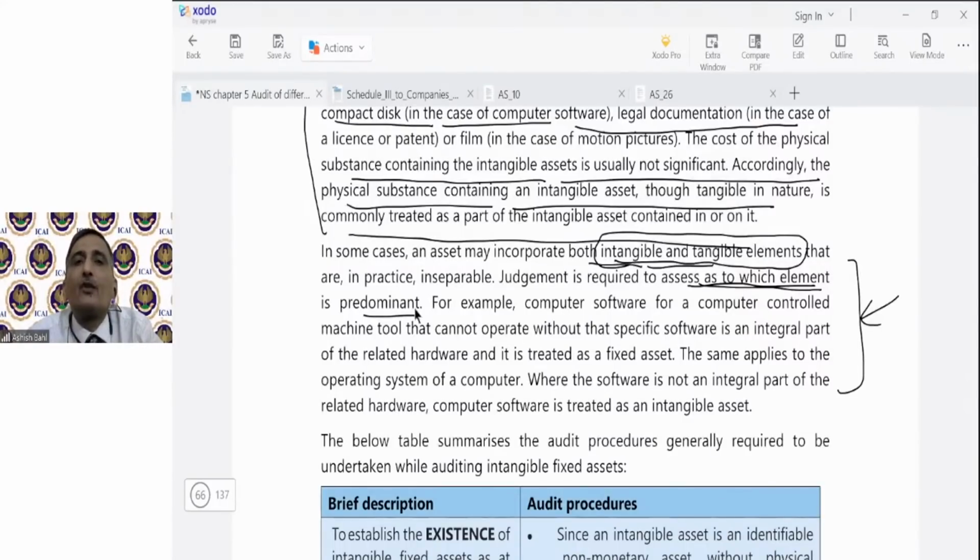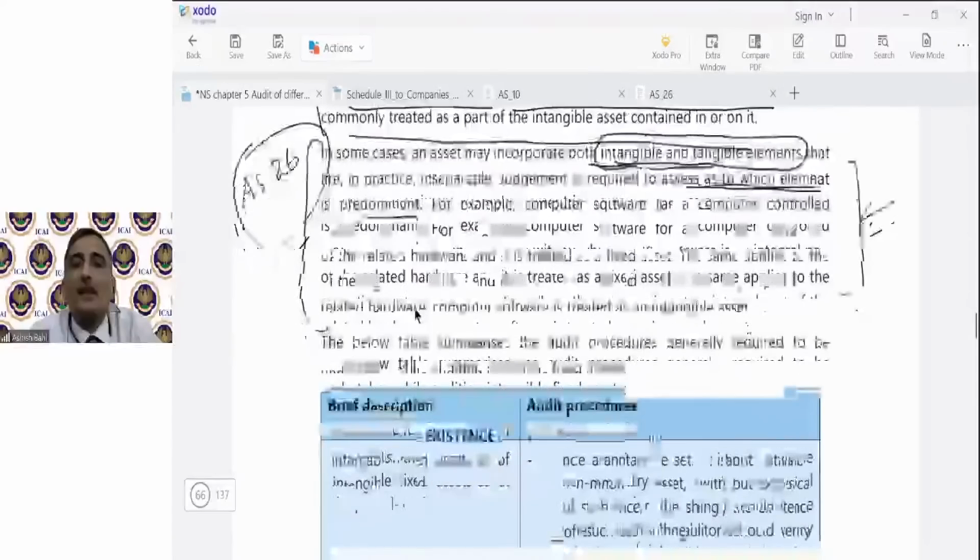However, when software is a standalone thing, not part of the hardware, then it is called an intangible asset. So these are the points in accordance with AS 26, which you have already done in your accounts classes.